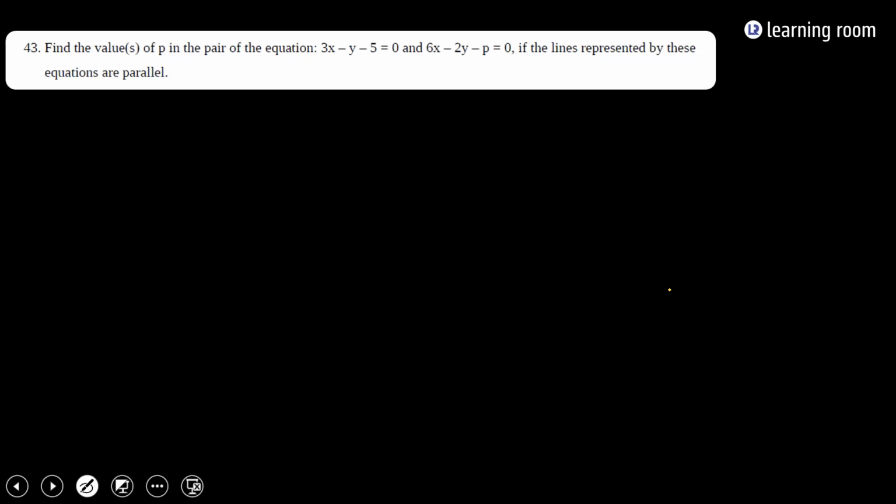Find the value, and if they give it like this with a bracket, it means the value of P can have either one value or multiple values. Find the value or values of P in the linear equations 3x minus y minus 5 and 6x minus 2y minus P is equal to 0 if the lines represent parallel lines. Even without solving, you can tell.